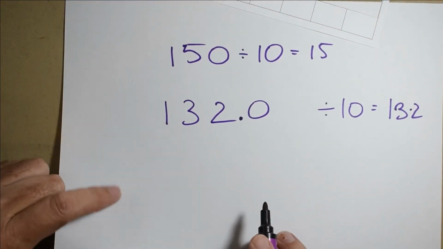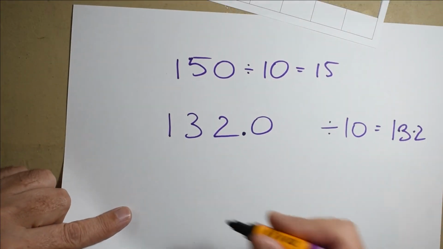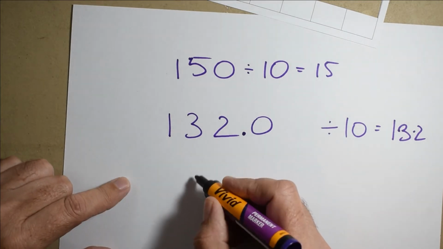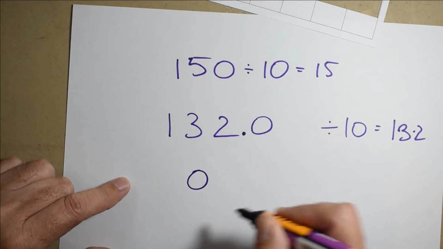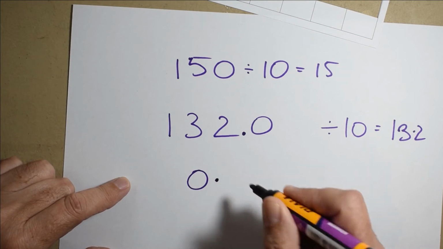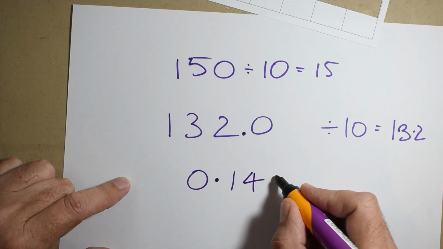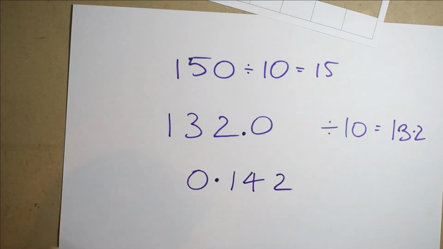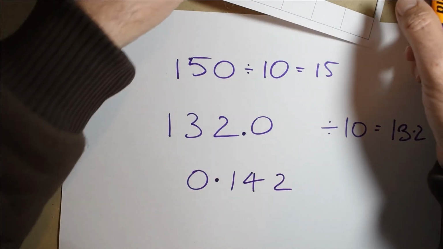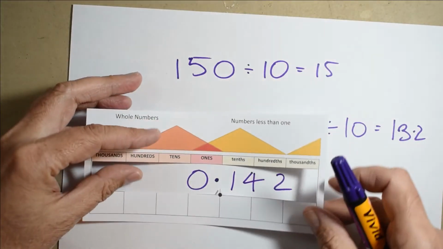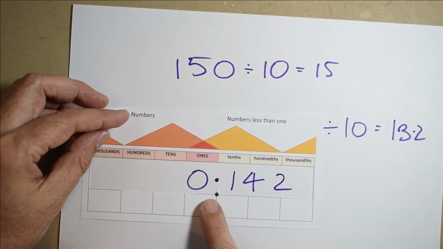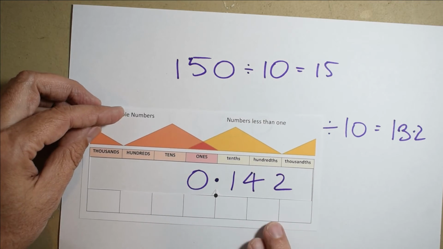Does it work with numbers that are already less than 1? Yes, it does. Say I had 0.142. Hopefully my spacing isn't too terrible. Now, in this case, the decimal's already there. That's okay.